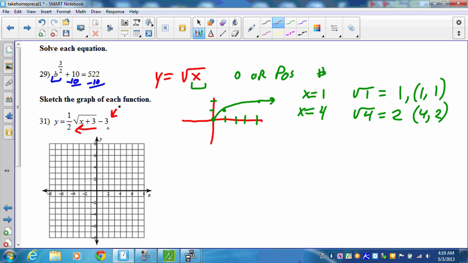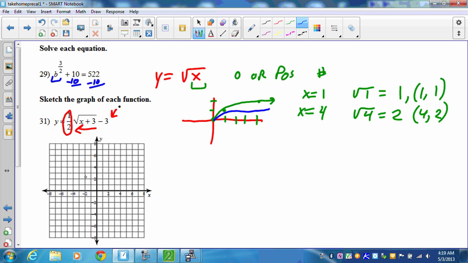Since it's negative 3, it's going to go down 3. But this 1/2 here means that the height of the original curve, let's do it in blue, is going to reach half the value. So it's still increasing, but not quite as fast.